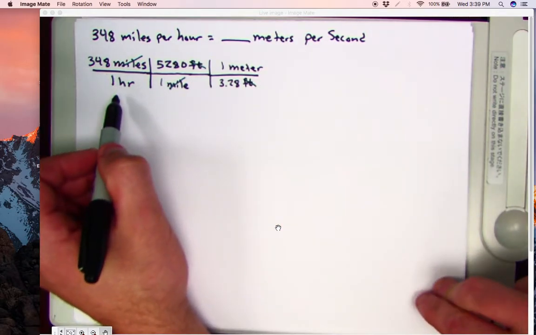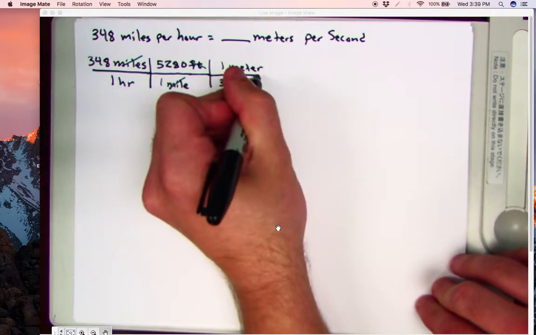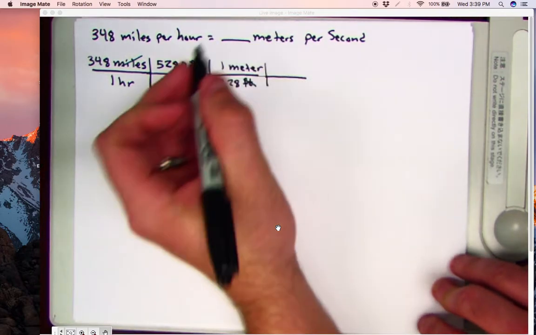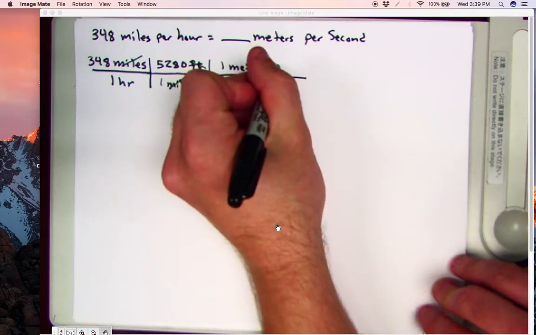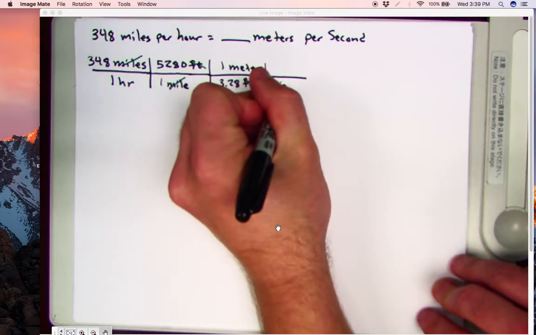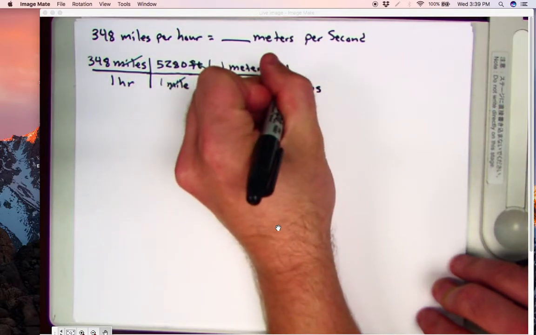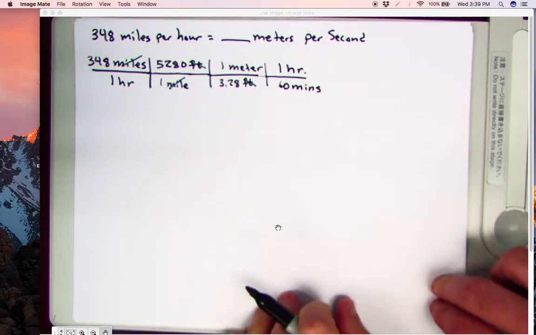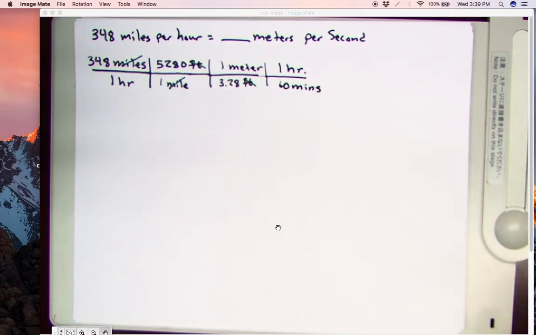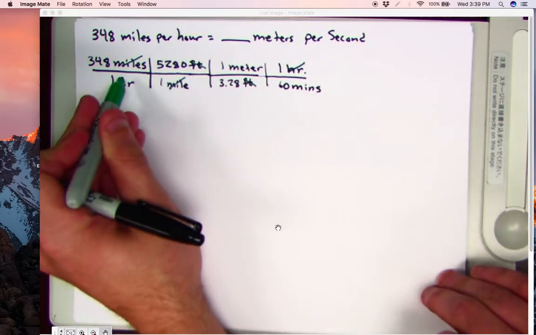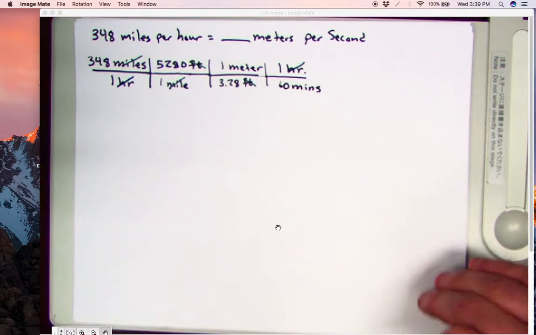So we need to do something with the hours. Well, we know that there are 60 minutes for 1 hour. Okay, we know that just by reading a clock. With that being said, the unit hour would cancel, and all we have left is minutes on the bottom.